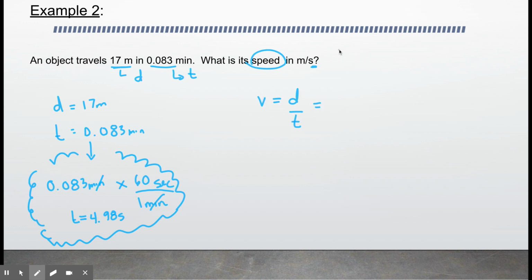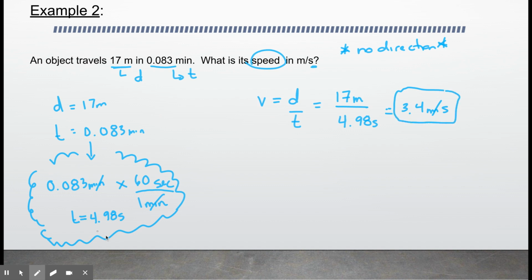Also has no direction. As soon as I get speed, I know that I don't have to give direction. So 17 meters divided by 4.98 seconds equals 3.4 meters per second. Speed.